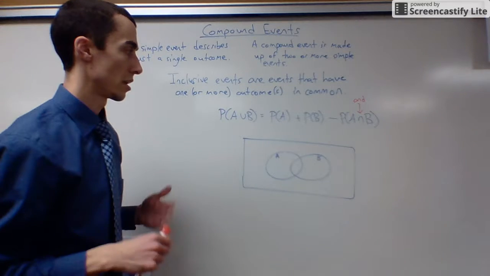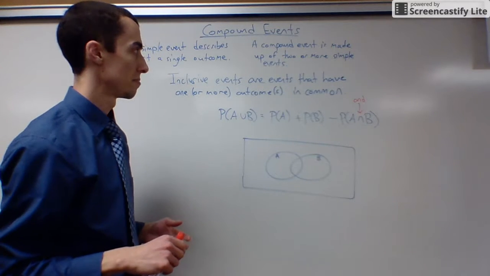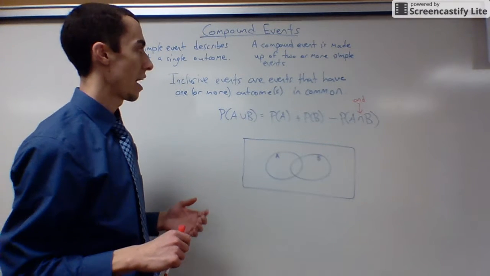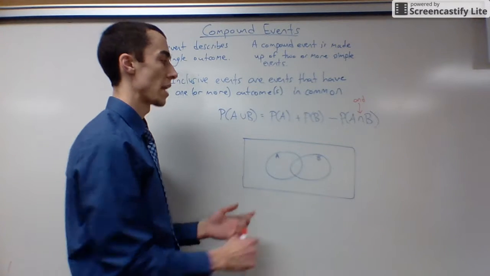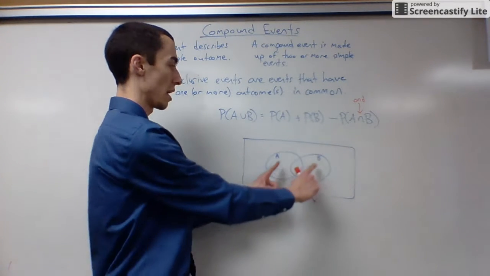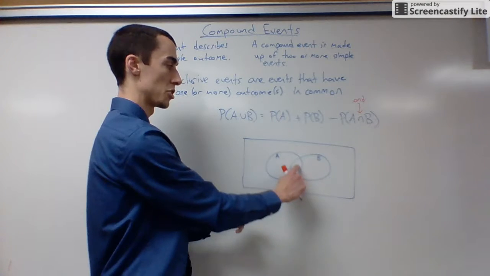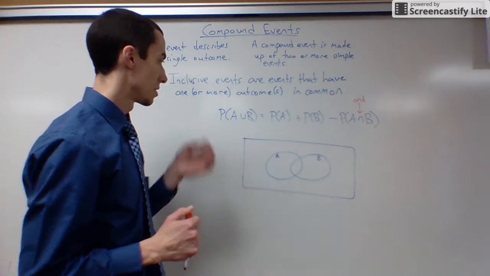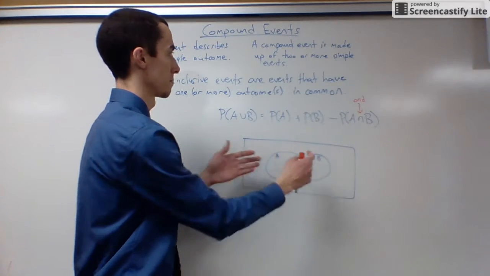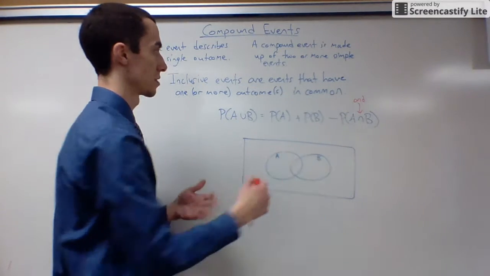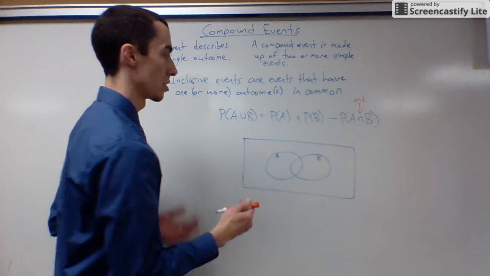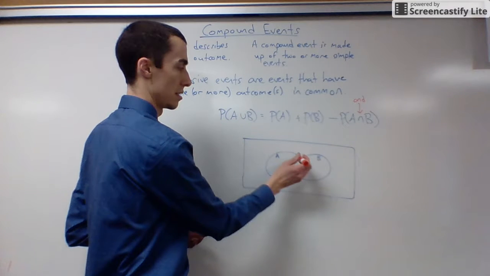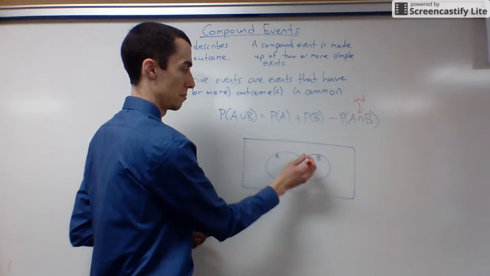Here's what this looks like in a Venn diagram form. Since these have one or more outcomes in common, I'm going to do an example with two events that have some outcomes in common. So A is here and B is there.